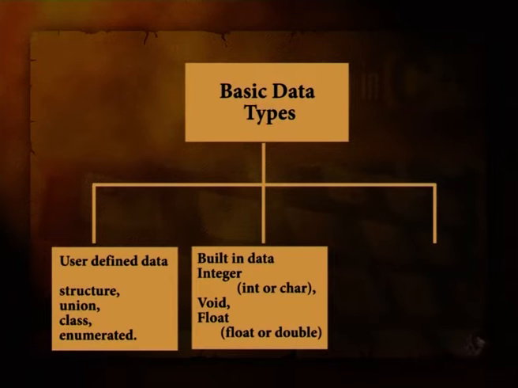Int takes 2 to 4 bytes for storage and they can be signed or unsigned or short or long type. Character data takes 1 byte for storage, while float and double take 4 and 8 bytes for storage.